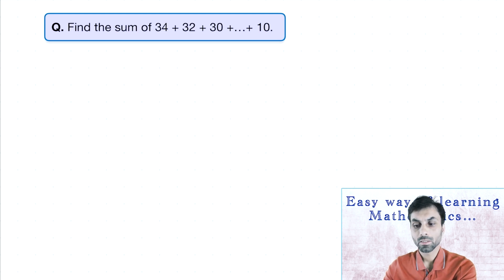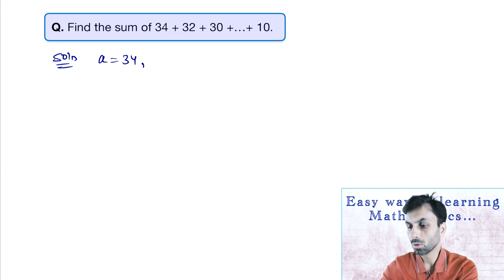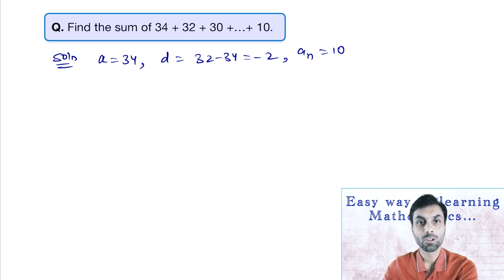So the next question is find the sum of 34, 32, 30 and so on up to 10. So here the first term is 34. The common difference is 32 minus 34, that is minus 2. Nth term is 10. So first of all, we'll try to find out the value of n here because it depends on n.